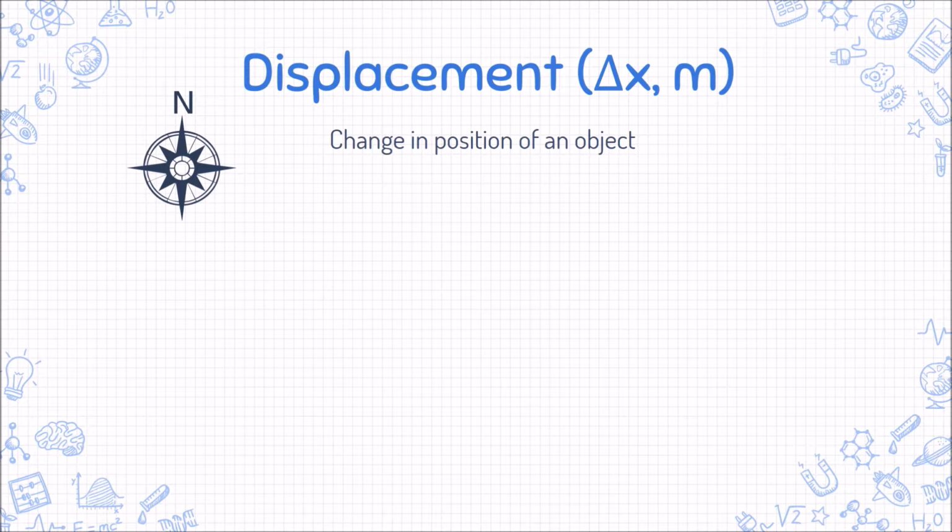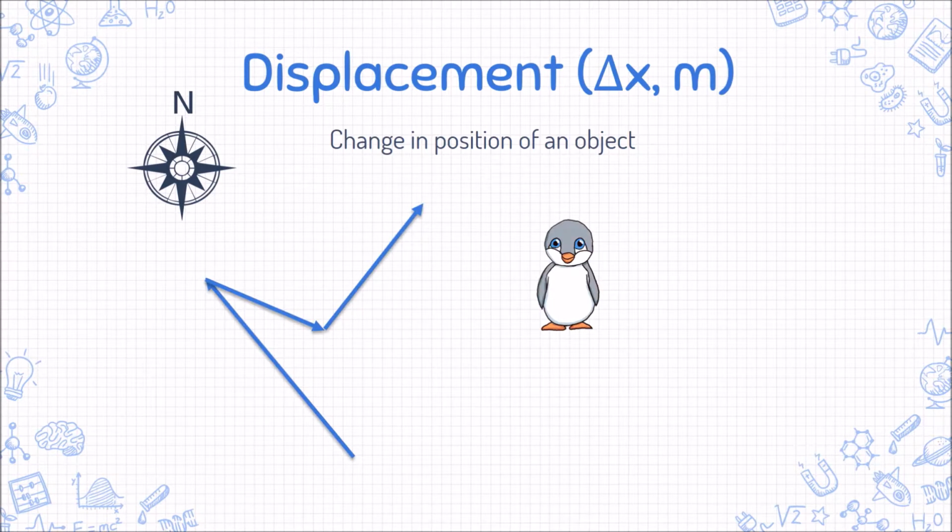For displacement, which is the change in position of an object, for example, if we have Sigmund RTA walk a kind of crazy path where he goes northwest, southeast, and then northeast, we can find his total displacement first by finding the components.